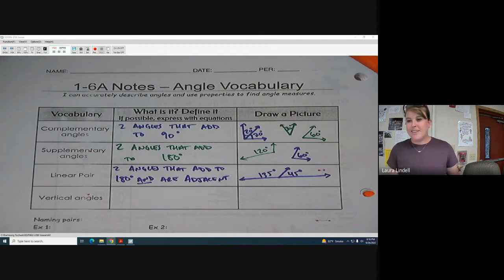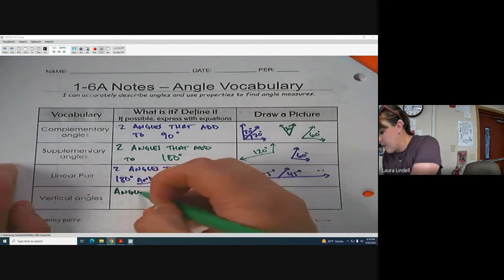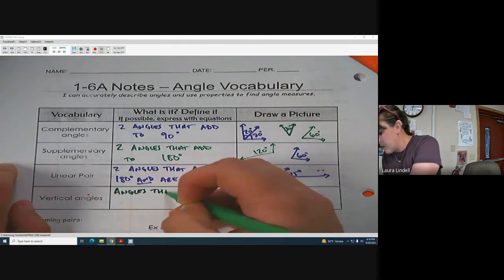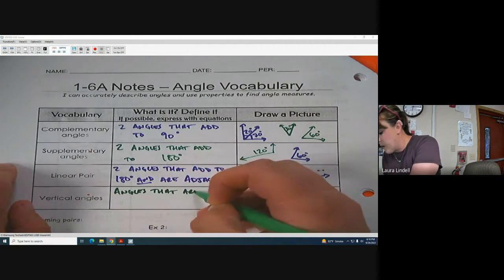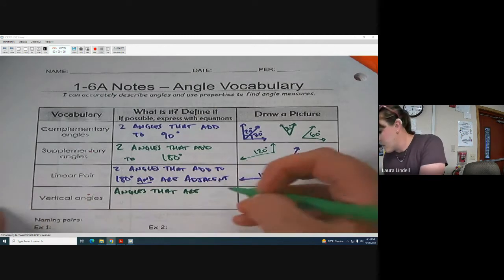The last, or actually second to last, sorry. Second to last new vocab word for today is vertical angles. So vertical angles are angles that are across from one another when formed by crossing lines.